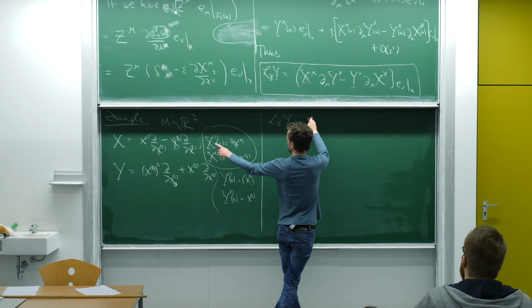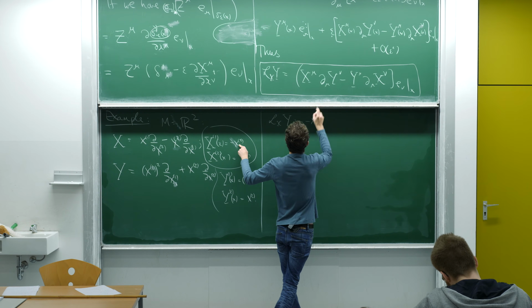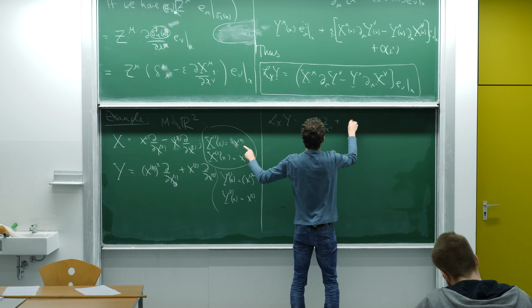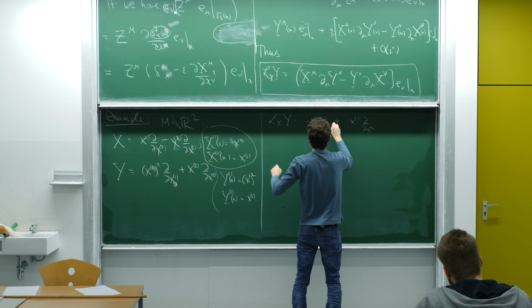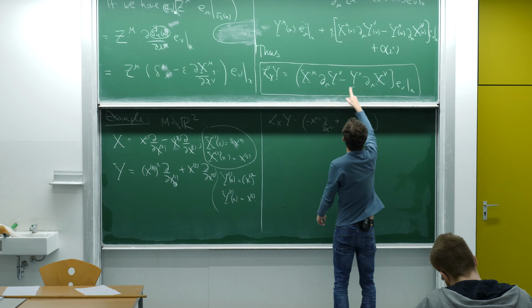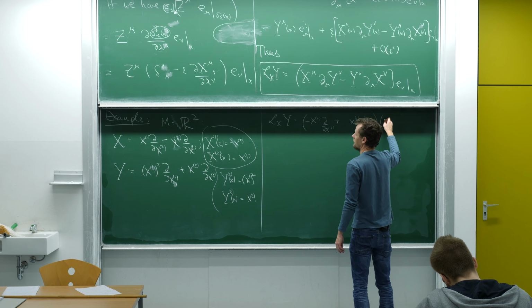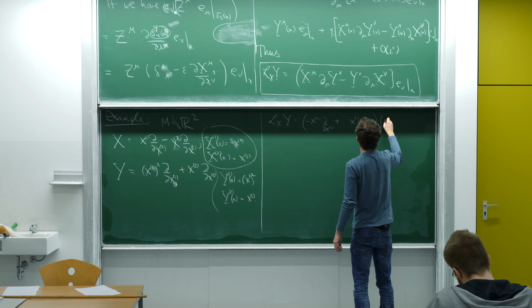So X^1 is minus x2 ∂_1 plus x1 ∂_2, all applied to (x1)^2.